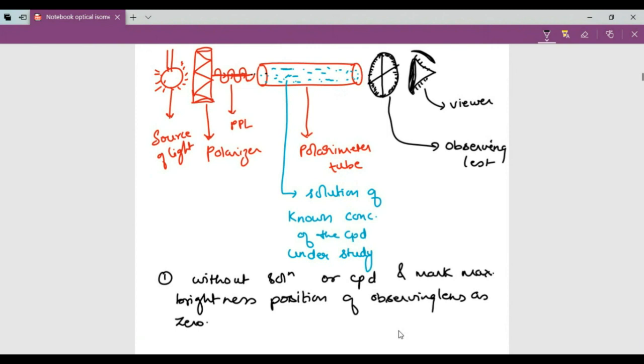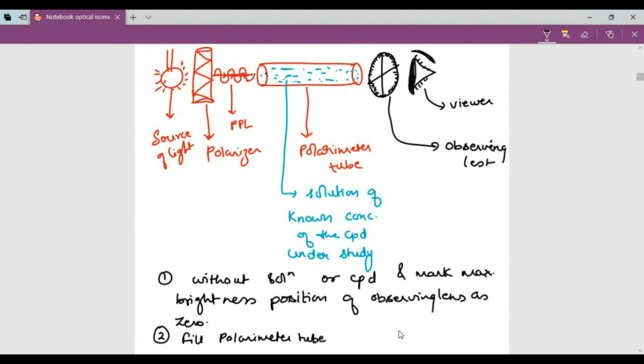Then we fill the polarimeter tube and again start setting this observing lens for the observer. We will reset it to a position of maximum brightness.